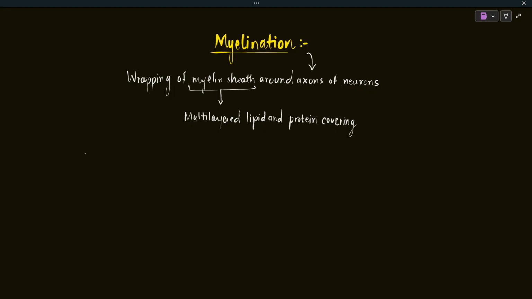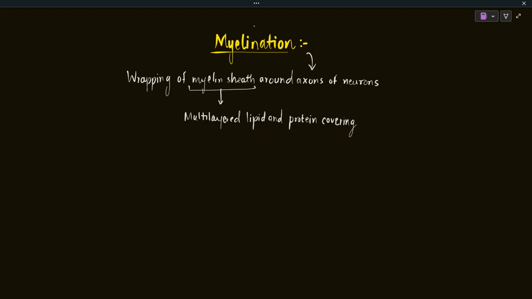So this is how axons are wrapped by the myelin sheath. The myelin sheath wraps the axon in segments. The part where there is no myelin sheath is called the nodes of Ranvier. Okay, so this is how myelin sheath is present on the axon.